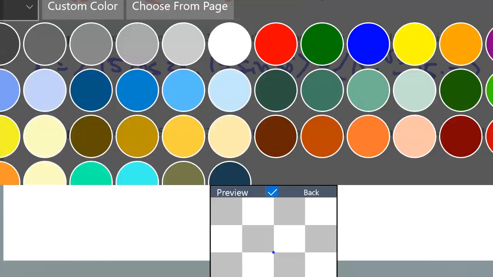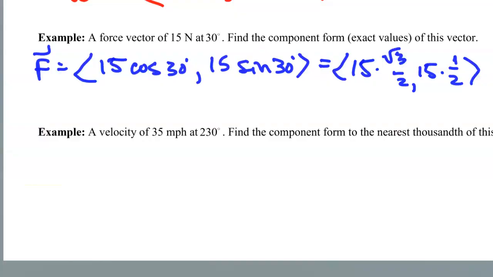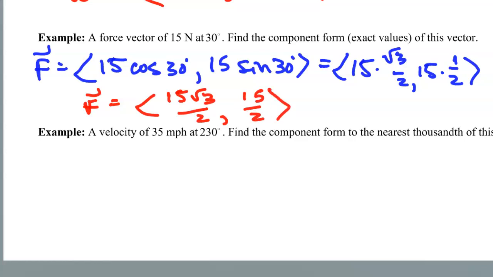And I get as my final result, F equals 15 radical 3 over 2, and then 15 over 2. You're going to have examples like this on IXL that you have to type in things like this. 15 radical 3 over 2, comma 15 over 2.